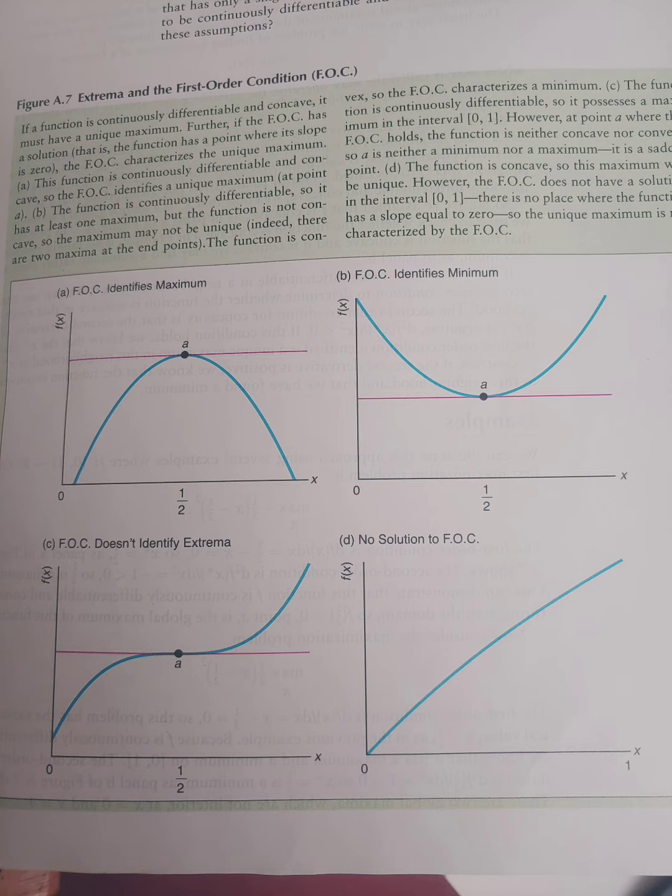There are two important consequences of our assumption that f is continuously differentiable. First, because f is continuously differentiable, it must also be continuous. So we know that it has a maximum. Second, because it is continuously differentiable, we know that its derivative exists.